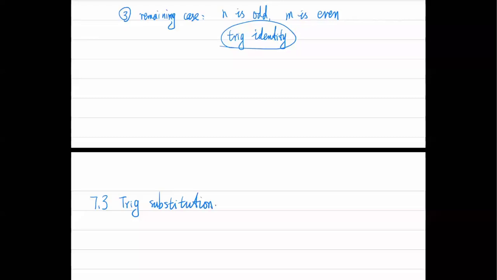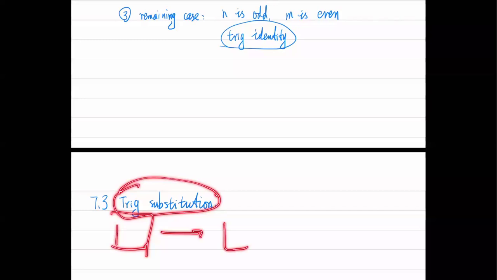So in many cases, we have a very complicated integral, but we can use the trig substitution to convert it to a trig integral. Then we use the method we learned before to do the integral.